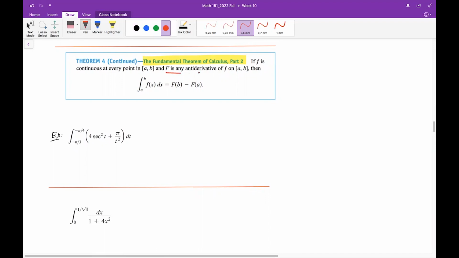Big letter F is given as the antiderivative of f, meaning that f of x is in fact the first derivative of the big letter F function. So what is written here is that you want to integrate f, right? In fact, you are integrating the first derivative of the big letter F function.